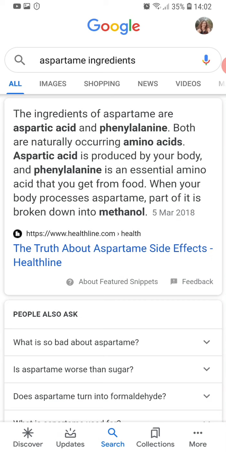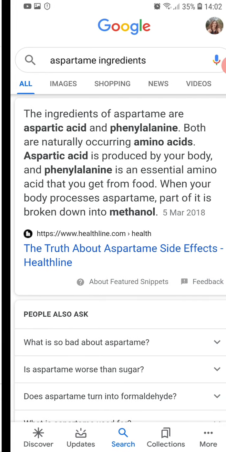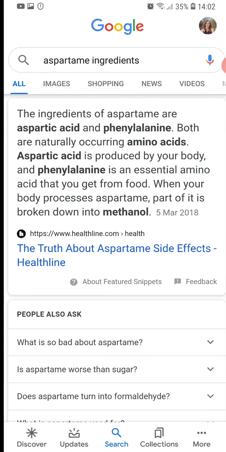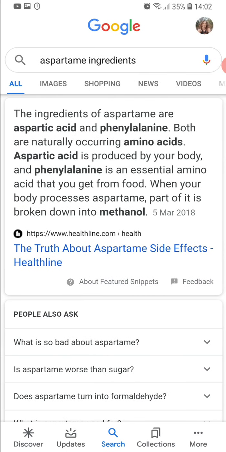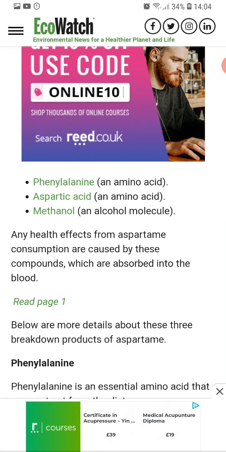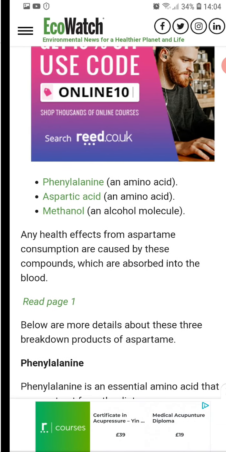Oh. And then you look at phenylalanine. Phenylalanine is an essential amino acid that you get from food, when your body processes aspartame, and it's processed into methanol. Is that it? No, one more.